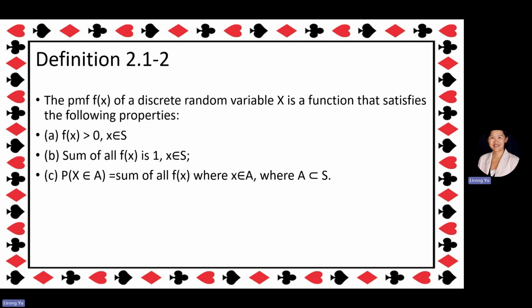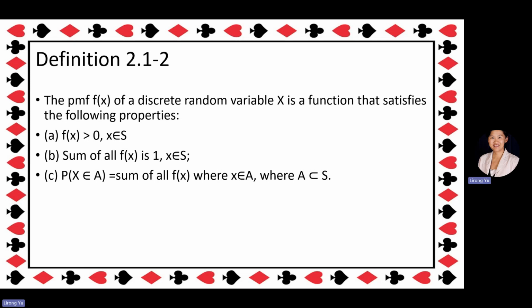So this f of x is defined as the probability that the random variable X takes on the value x. So f of x is a probability number. That's why it has to be a number between 0 and 1, so it has to be positive. The summation of all the probability values has to be 1.